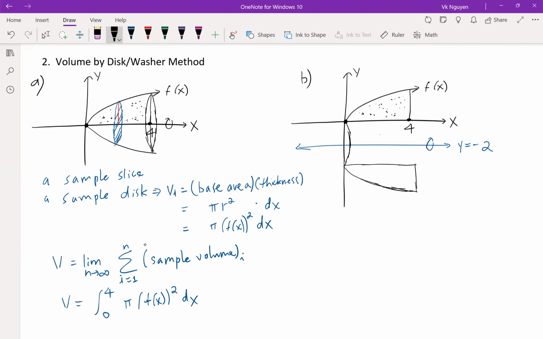Rotate this. This is a solid of revolution. You see that there is a hole in the middle.